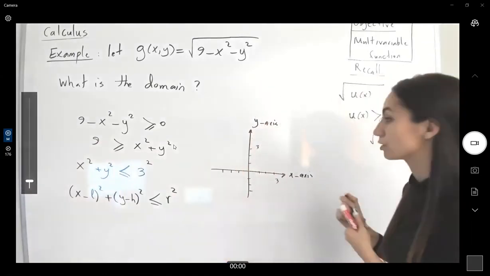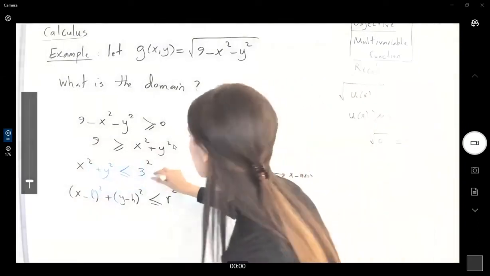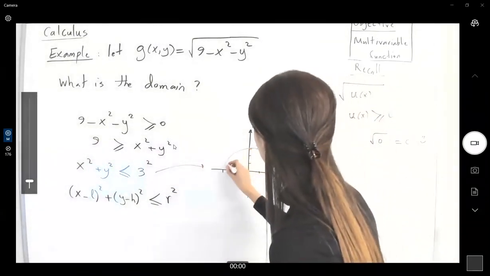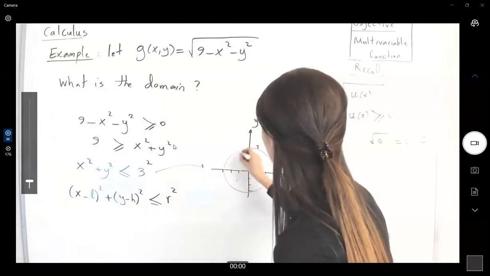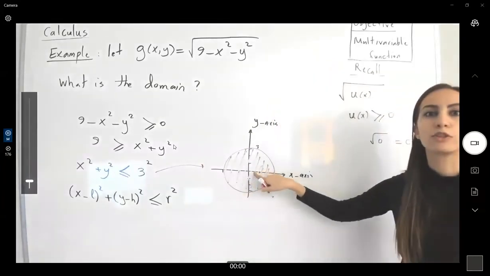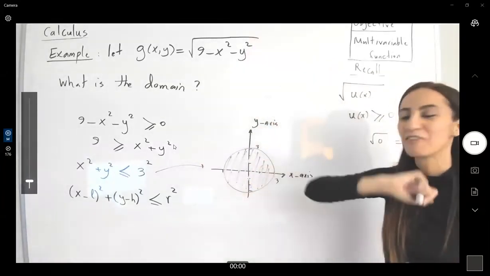And this is your circle and all the points inside that circle. You have a disk. This is the domain of this function.